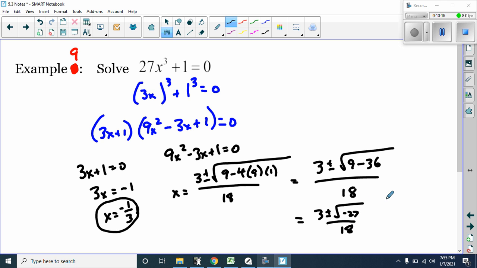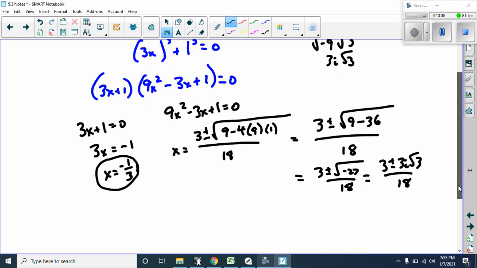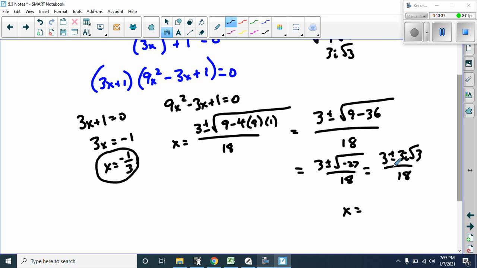Nine minus 36 is negative 27. Square root of negative 27. Square root of 3 times square root of negative 9. 3i root 3. Top and bottom can both be divided by 3. 1 plus or minus i root 3 all over 6.